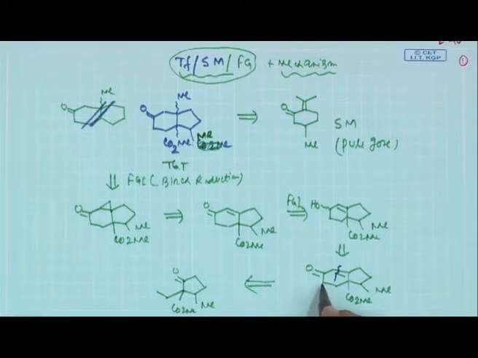So, you need CH2, you need a CO here and this methyl. So, you say this is a standard Robinson annulation.